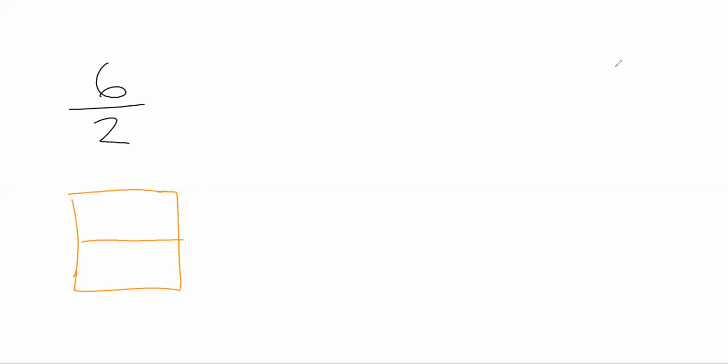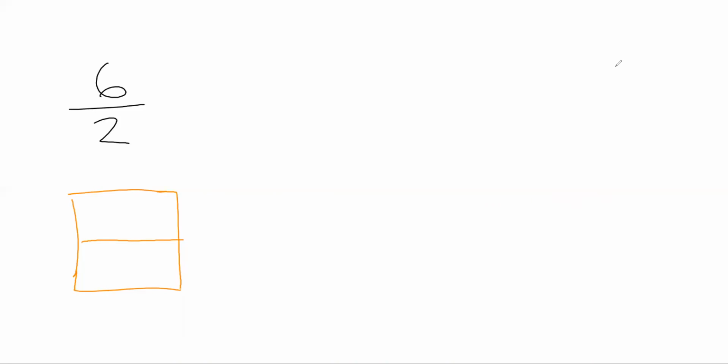So let's keep playing around, because I know often the first time you're like, oh, what? I don't know, and that's okay. So let's play with 6/2. Again, we know this is top heavy because the numerator is larger than the denominator. But if we were to start to model this, we have to pay attention to the denominator. That's the key. The denominator tells us everything. What the denominator says is, you have a model and it's cut into 2 pieces. It's halves.